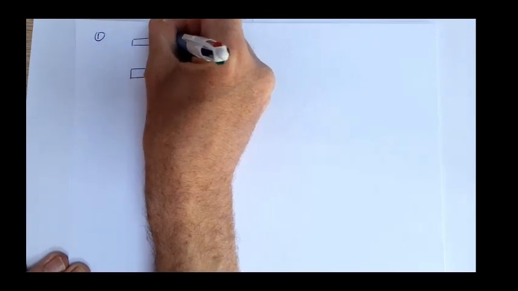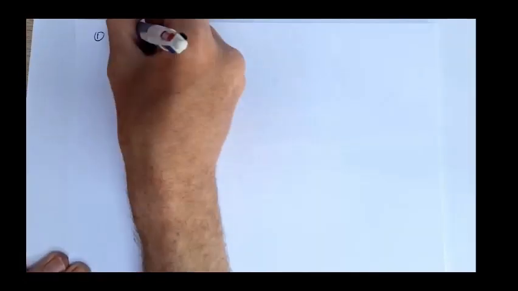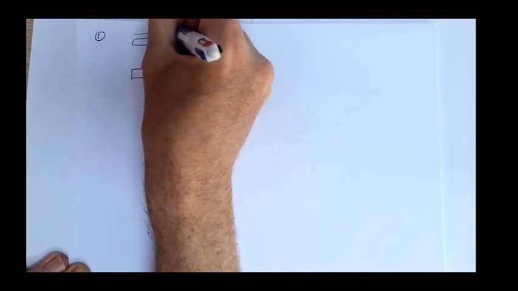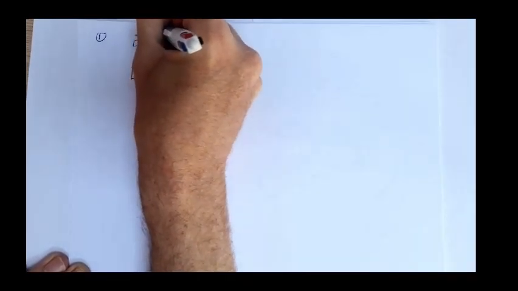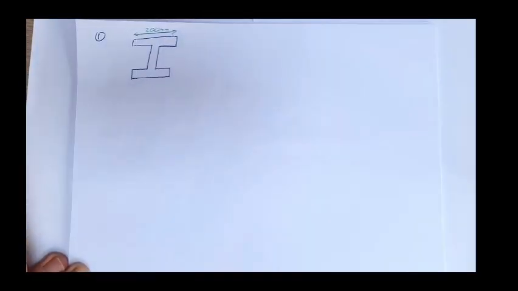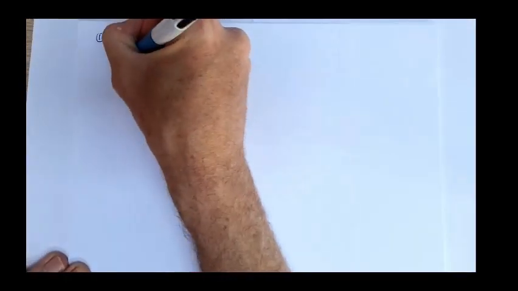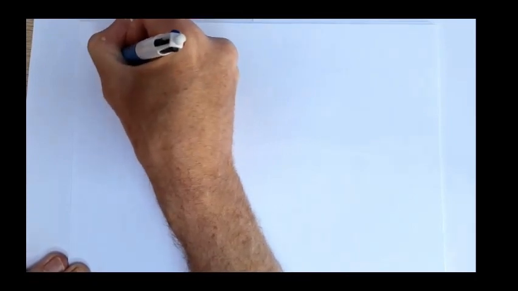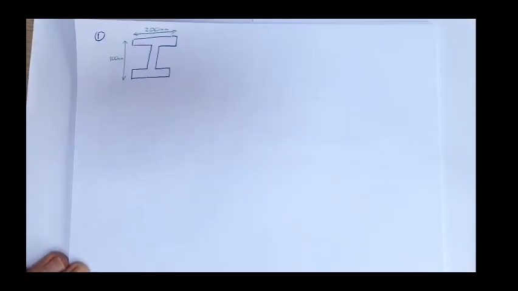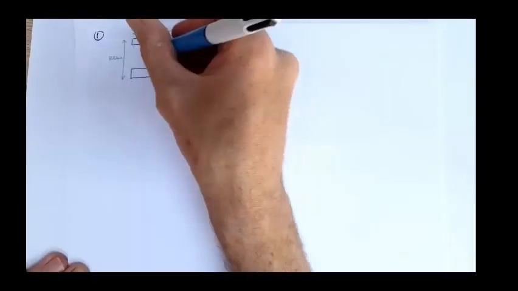So we've got our I-section girder 200 millimeters wide, so this distance here, 200 millimeters, and it's 300 millimeters deep, with a flange and web thickness of 20 mm.